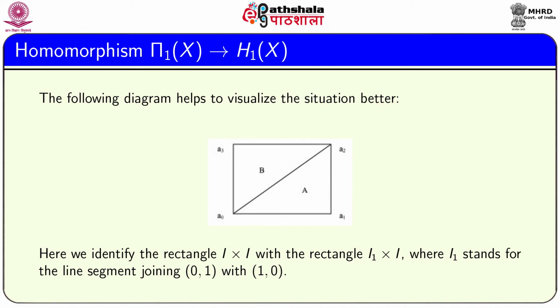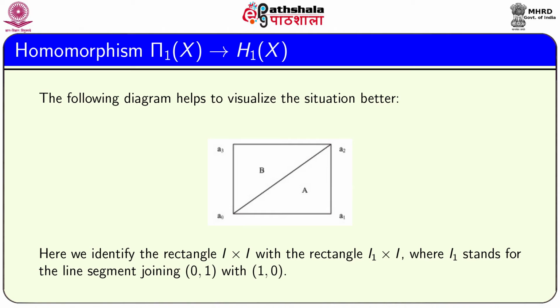The following diagram helps us to visualize this situation much better. We have a rectangle with the vertices A0, A1, A2, A3 and the lines joining the vertices as shown in the diagram are the one simplexes, and the two triangles thus formed, one is A and the other one is B, are the two simplexes.